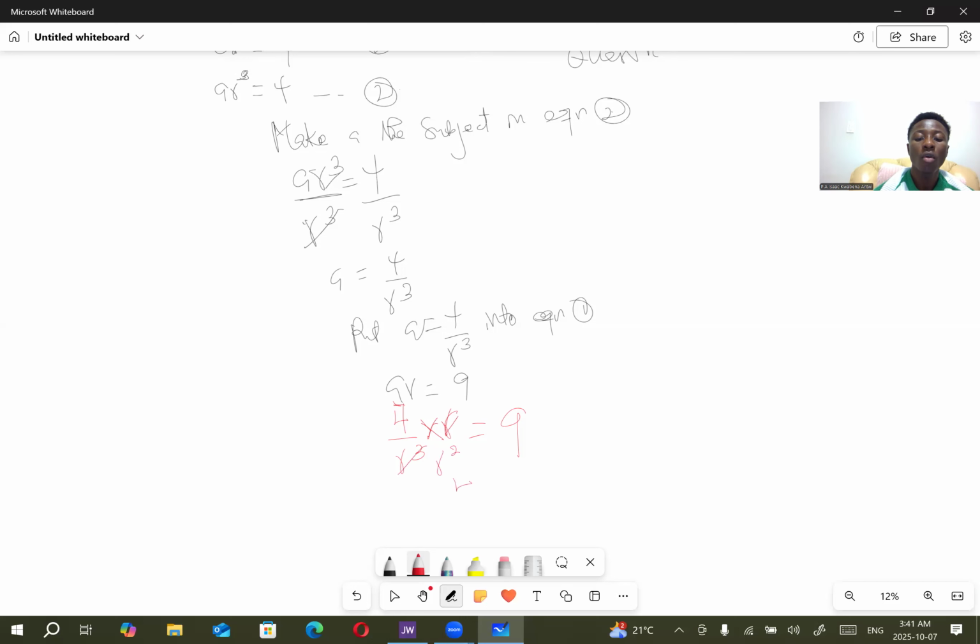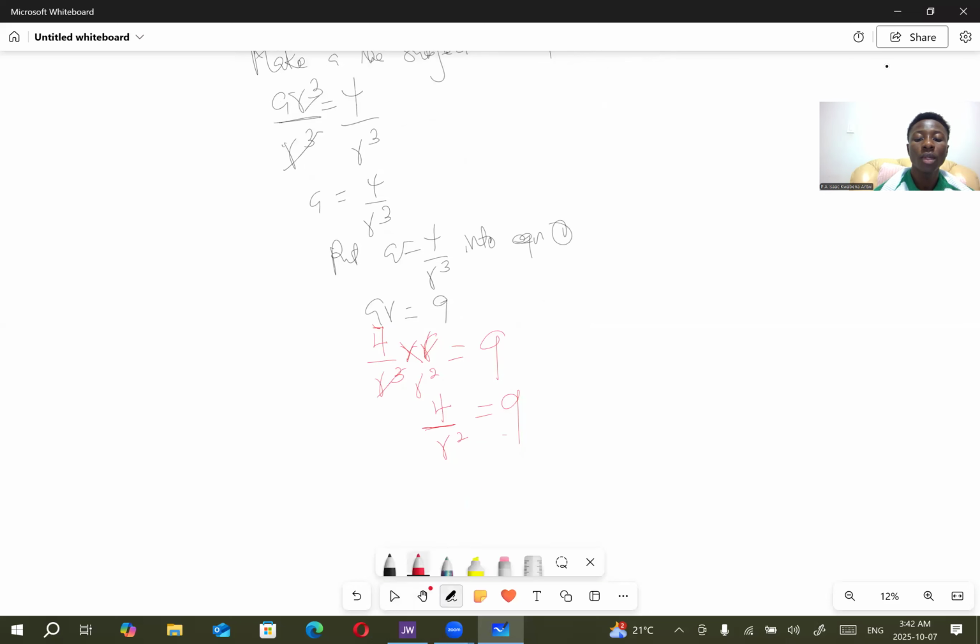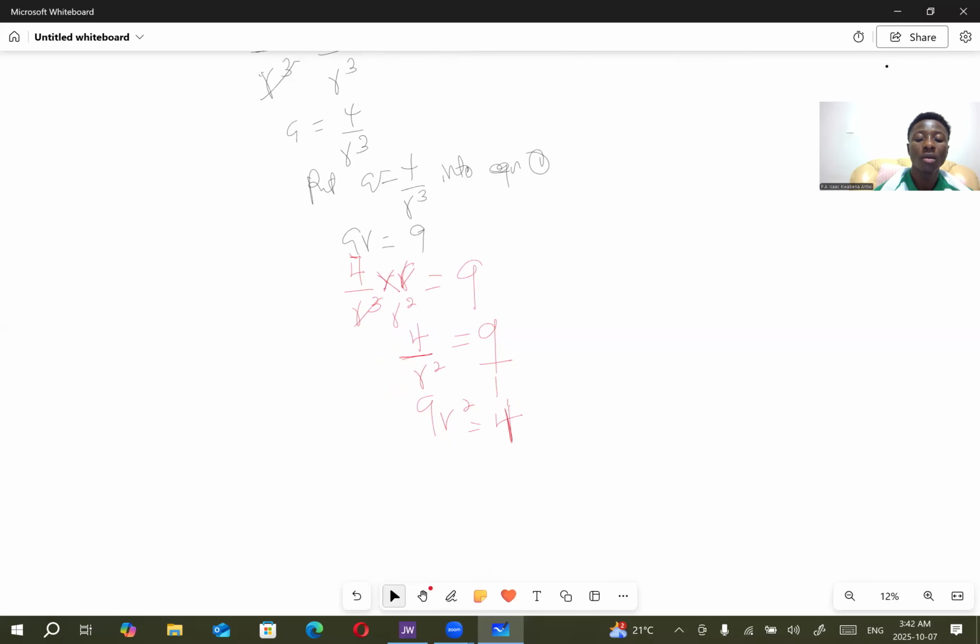So you have 4 over R squared equals 9. Cross multiplying, you have 9R squared equals 4 times 1, which is 4. Now, if you're looking for R, you divide by whatever is attached to it, so you divide by 9.